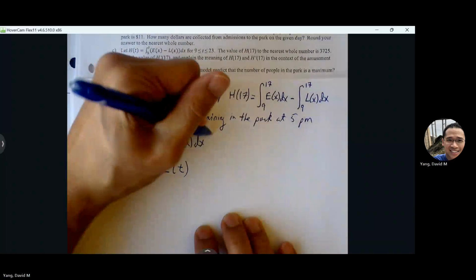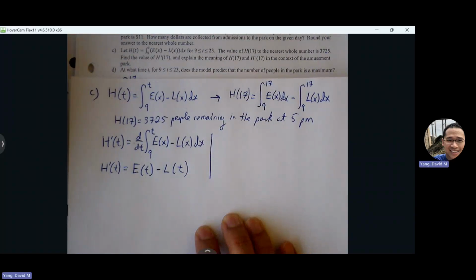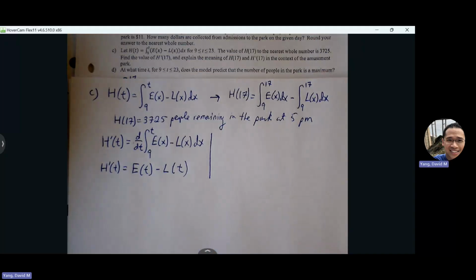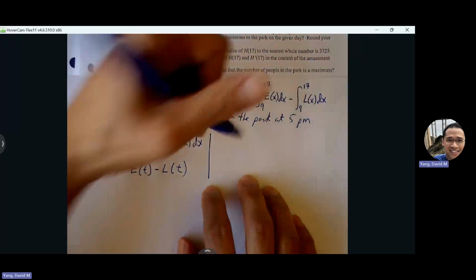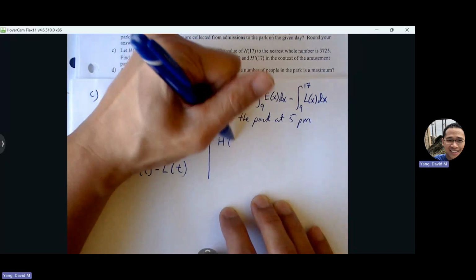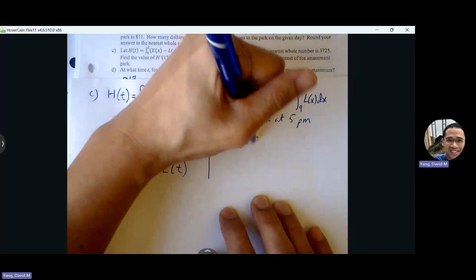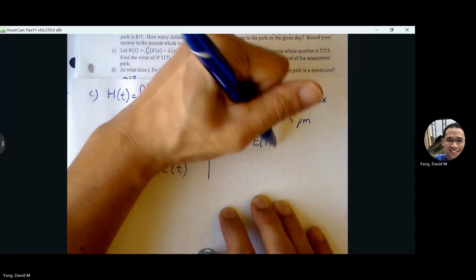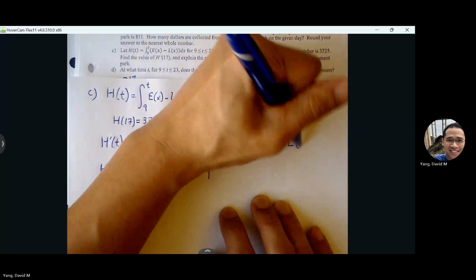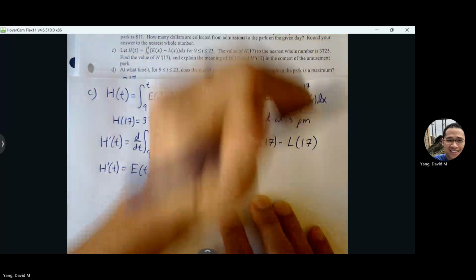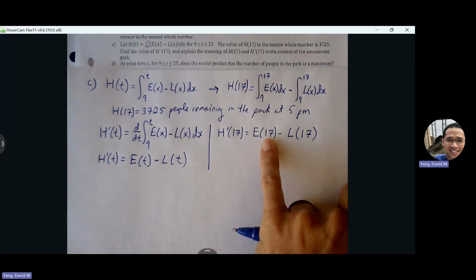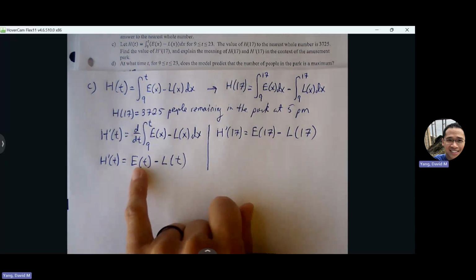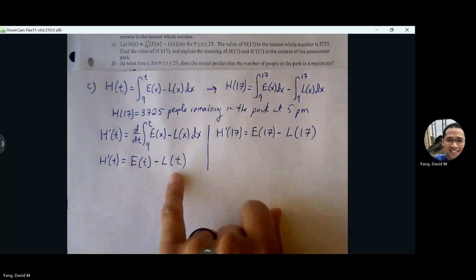Okay. So going further, it's asking, what is h prime of 17? It says find the value of h prime of 17. So h prime of 17 would be E of 17 minus L of 17. Let's talk about what this means here. So we know E of t is the rate at which people are entering the park. L of t is the rate at which people are leaving the park.